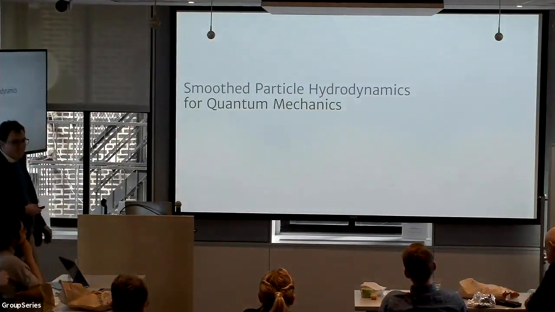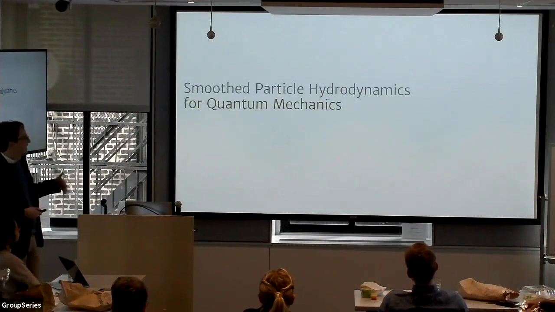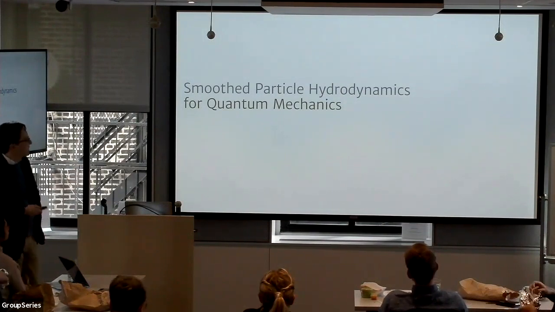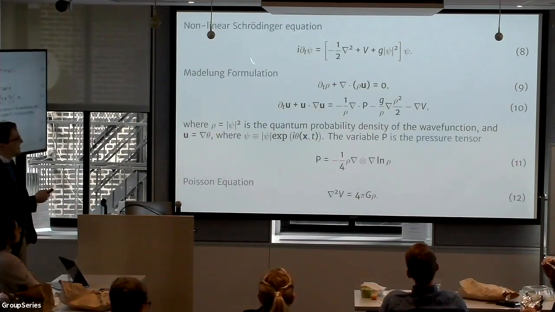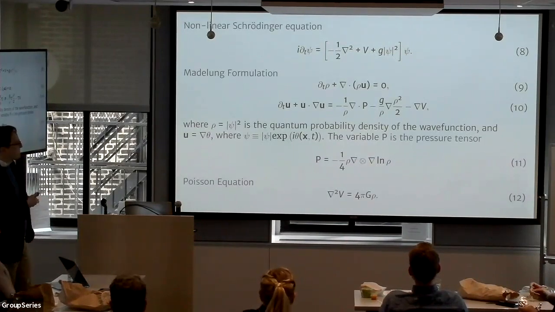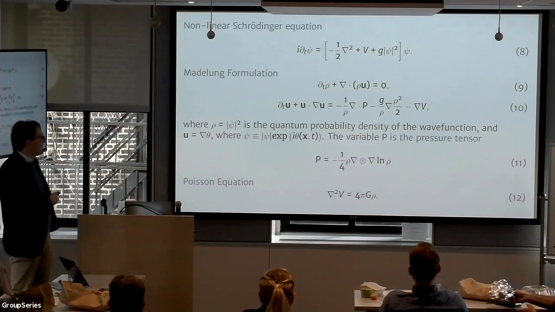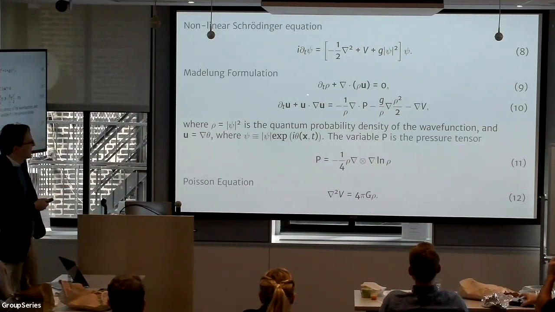Okay, so I'd like to now talk about solving the Schrodinger equations in a different way, using the smoothed particle hydrodynamics formalism. The idea is that you can take your nonlinear Schrodinger equations. Now I've just added a self-interaction term here just for fun. One thing that is cool is that you can rewrite your Schrodinger equation as a fluid equation, shown here in line 2.